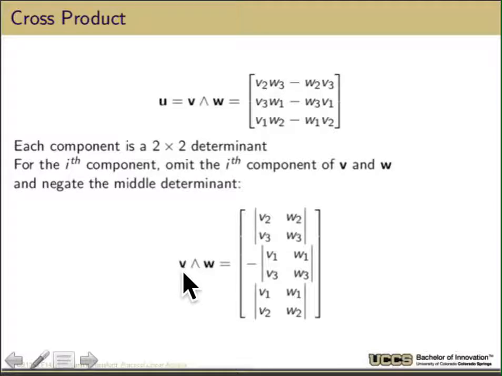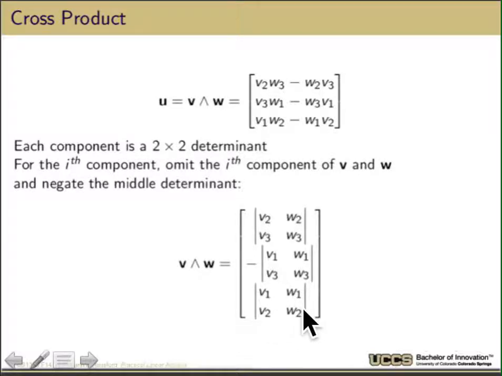So V cross W is the determinant of v2, v3, w2, w3. Take the determinant of that, which, remember, is this product minus that product. In the middle, we do v1, v3, w1, w3. Take the determinant of that, again cross, cross, and then v1, v2, w1, w2.